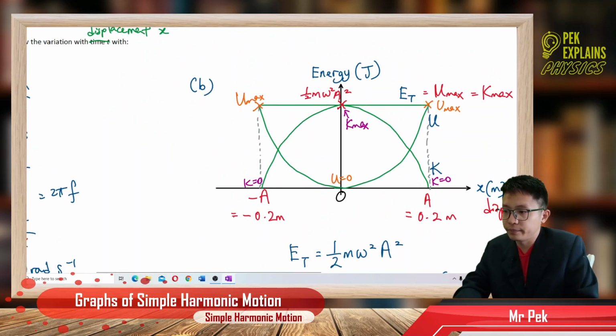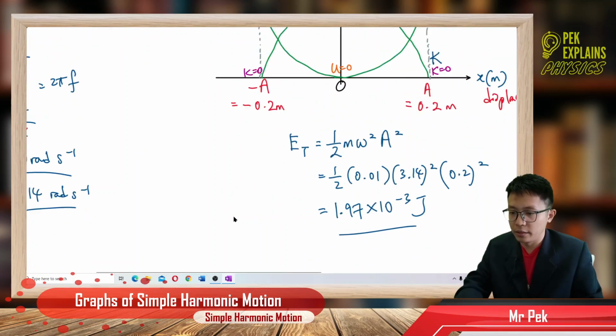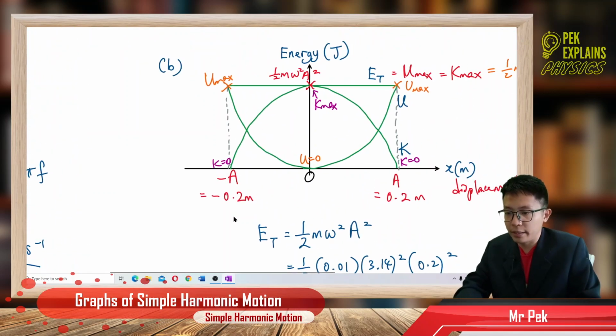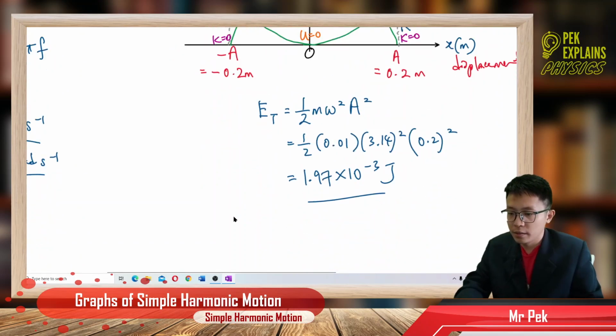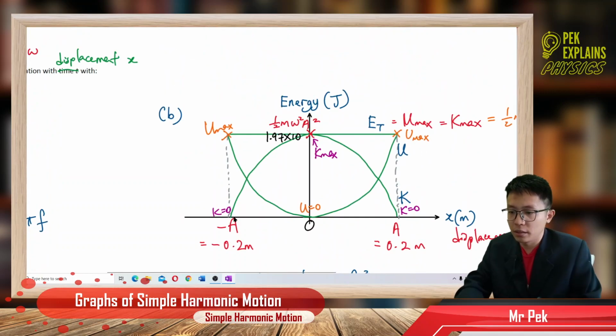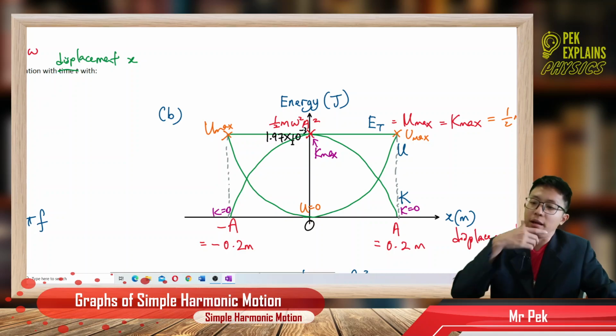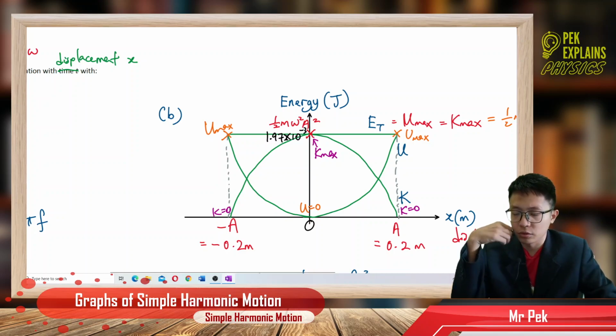So label it there. Our total energy there is 1.97 times 10 to the negative 3, at the maximum value.